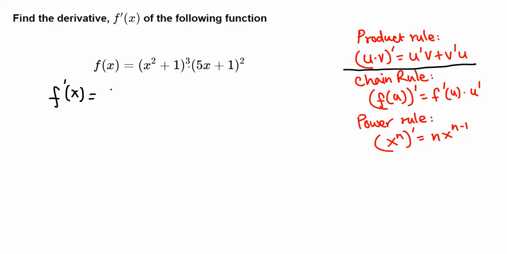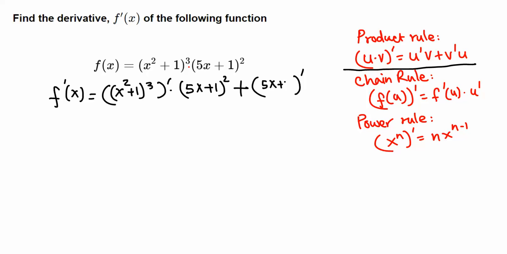So the derivative is the derivative of the first factor, which is (x squared plus 1) to the third, times, leave the second factor alone, (5x plus 1) squared, plus the derivative of the second factor, (5x plus 1) squared, times the first factor, which is (x squared plus 1) cubed.